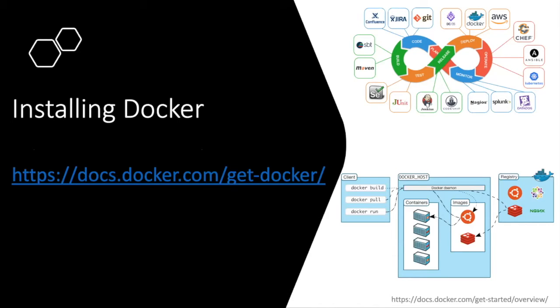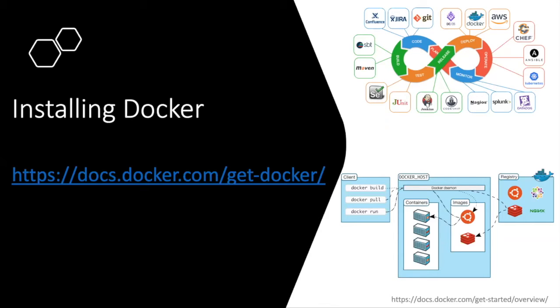How do you install Docker? As part of this particular session, I'll not walk you through the installation process. The installation process itself is very simple. It's just downloading an exe file, or if you're on a Mac, a DMG image file, and then double clicking on it and going through the process, which is just clicking next and accepting terms.